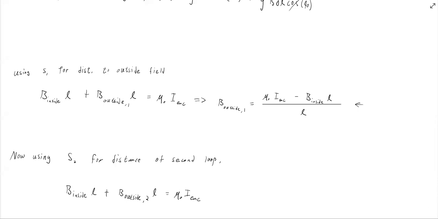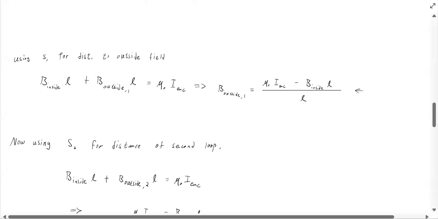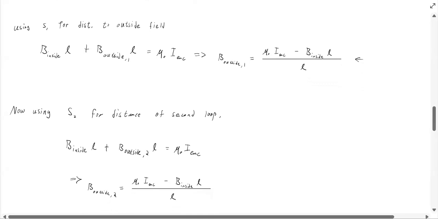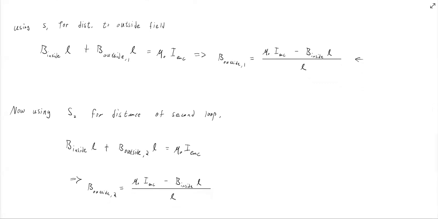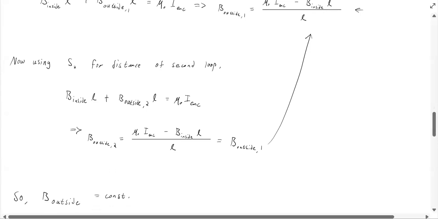The magnetic field inside the solenoid will be the same. And so doing as we did before, we want to isolate B outside. And so it equals this equation, but if we note immediately, this also equals B outside 1. So from above, they both equal the same thing. So that must mean that B outside is a constant value.